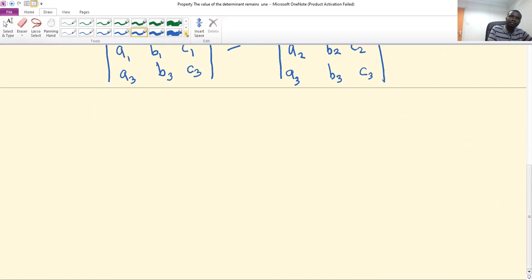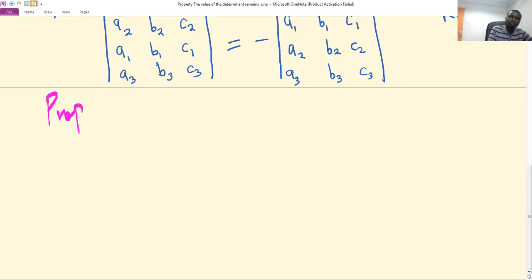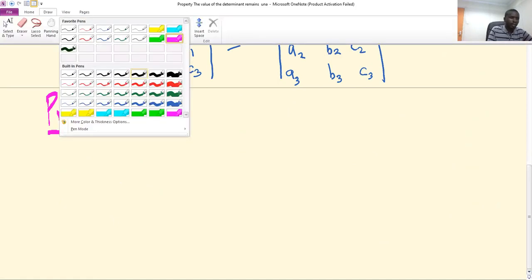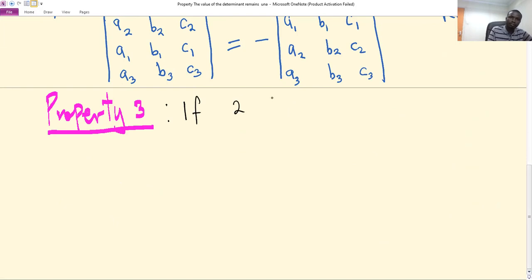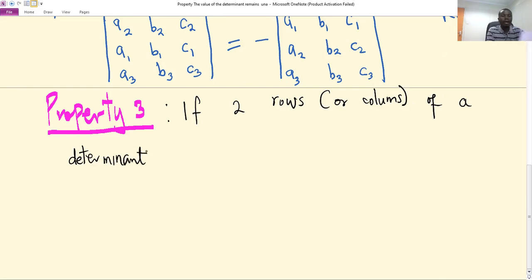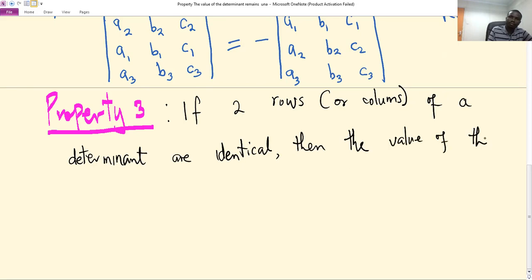Property number 3: if two rows or columns of a determinant are identical, then the value of the determinant is 0.